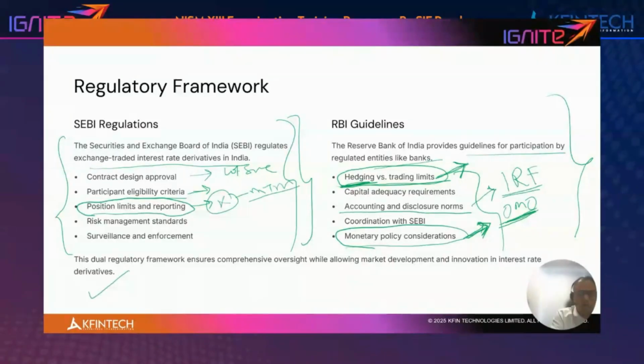So this is the dual regulatory framework. Interest rate futures comes under the dual regulatory framework. Why? Because the main participants in the interest rate futures are banks, and banks are regulated by RBI. So that is on the regulatory framework.